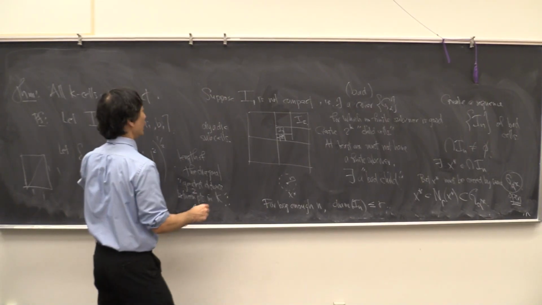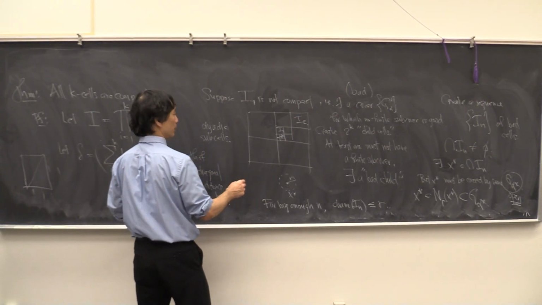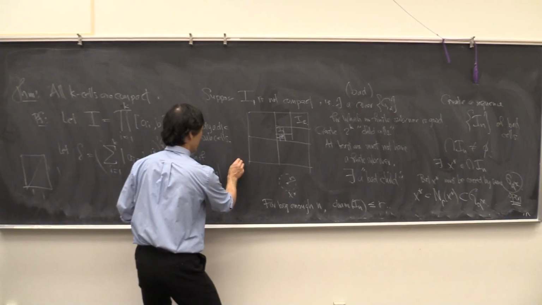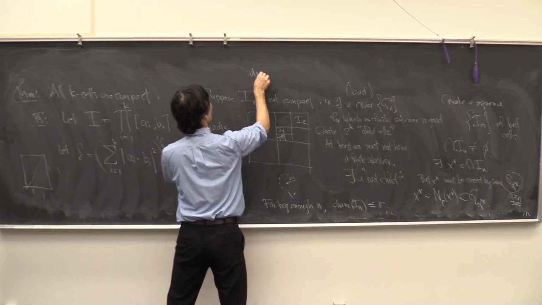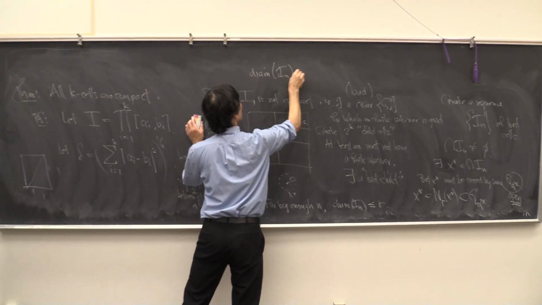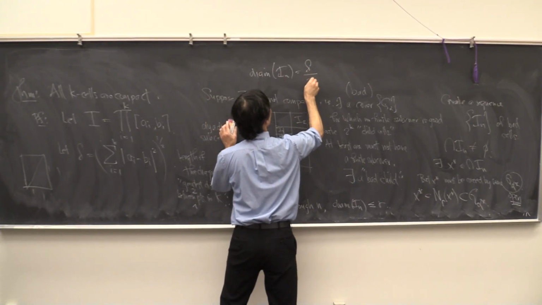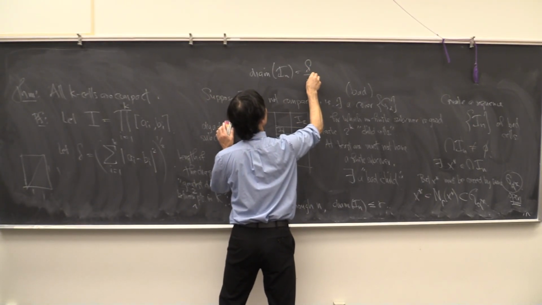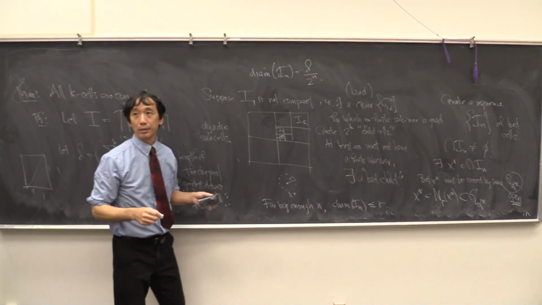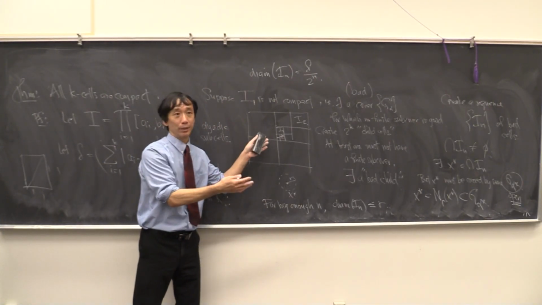Because the diameter of I sub n is like this divided by 2 to the n. It gets halved every time, the diameter.